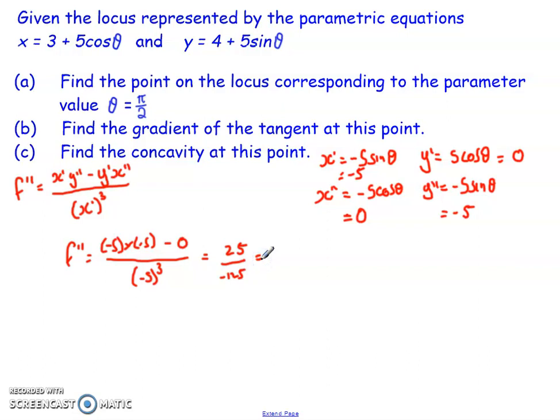And if I simplify it down, I end up getting negative 1 over 5. So remembering back to when we talked about concavity before, I've got a second derivative, f double dashed, which is less than 0. So I know then that my curve is concave down. So the concavity is concave down.